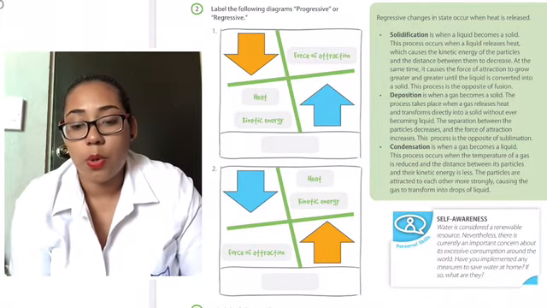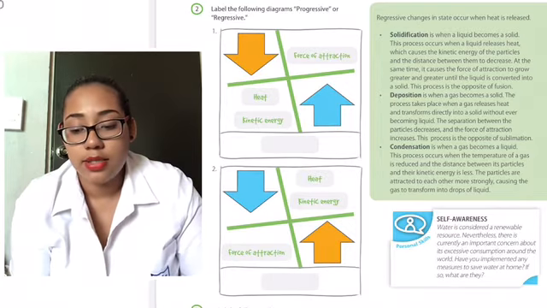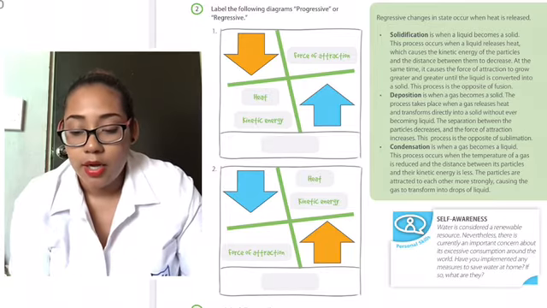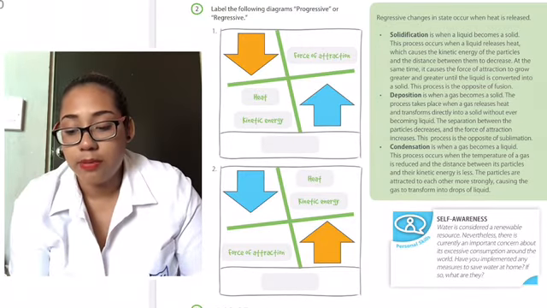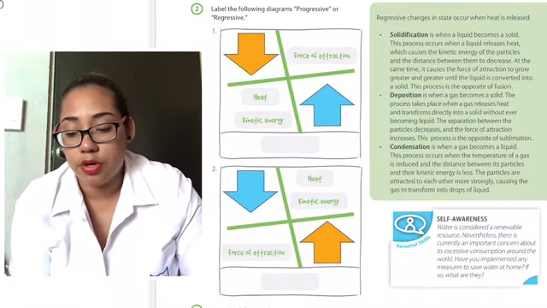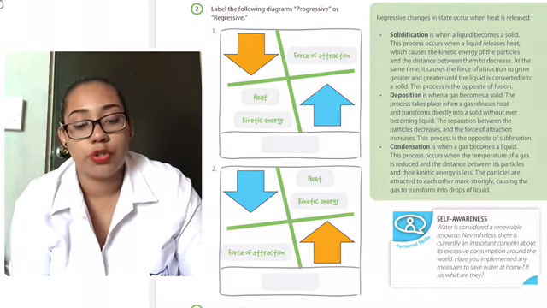This process occurs when a liquid releases heat, which causes the kinetic energy of the particles and the distance between them to decrease. At the same time, it causes the force of attraction to grow greater and greater until the liquid is converted into a solid. This process is the opposite of fusion.